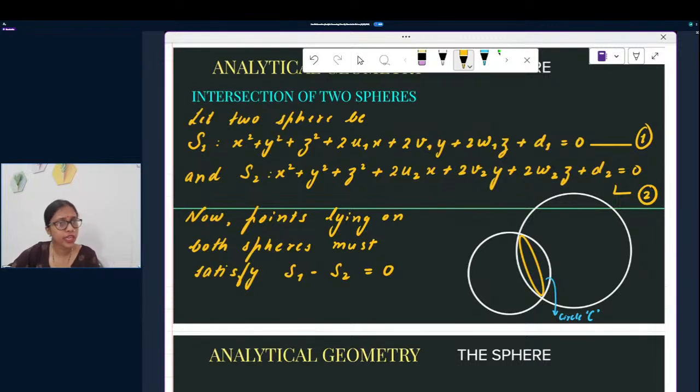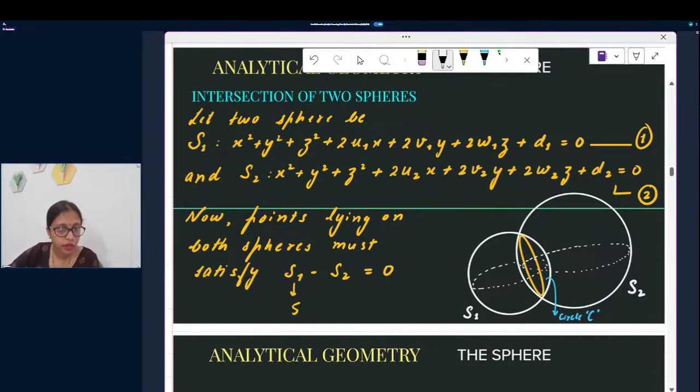If I take any point which makes S1 equal to 5, that means definitely it is not on sphere 1. And this is S2.